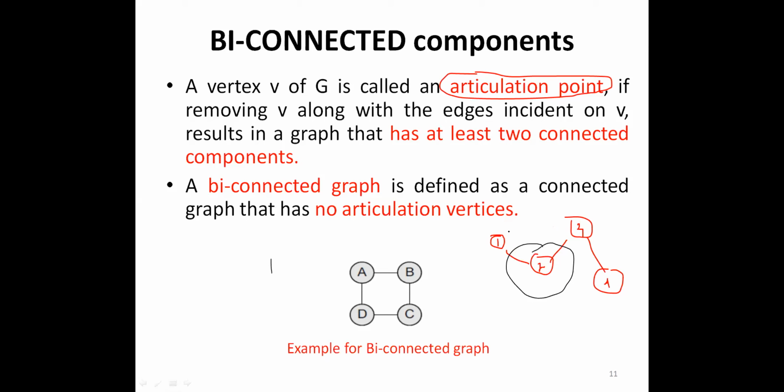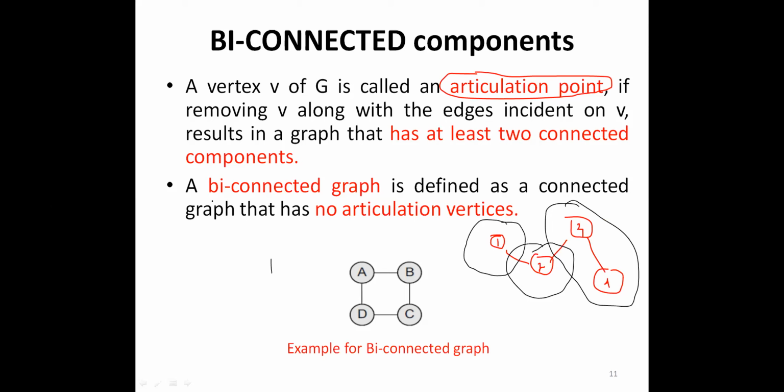This one becomes an isolated node, and it is also a graph now. This is one part of the graph and this is another part of the graph. That vertex is called the articulation point.